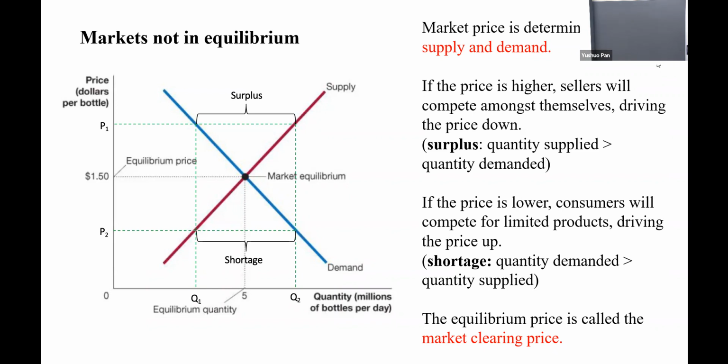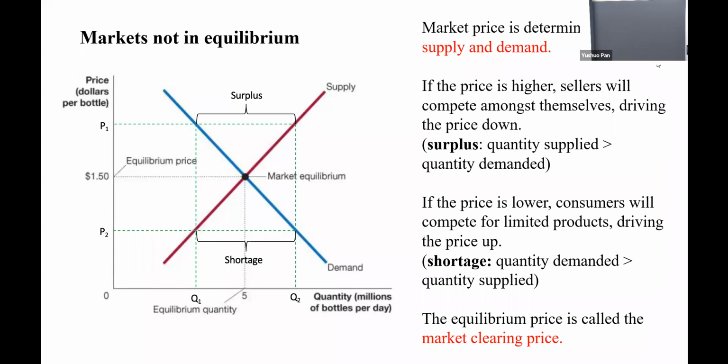If the price is between P1.5 and P2, the same situation still happens, shortage. And that will keep driving the price up until the equilibrium price happens. If the price is lower, consumers will compete for limited products, driving the price up and up until the equilibrium point. Basically, if surplus happens, the price will go down to the equilibrium. If shortage happens, then the price will go up to the equilibrium point.